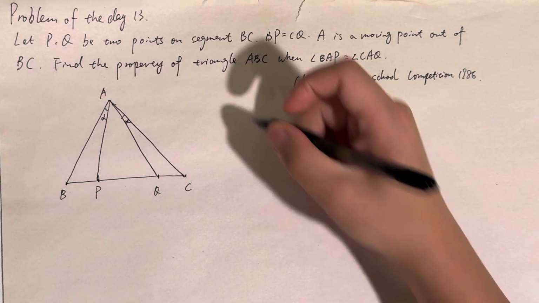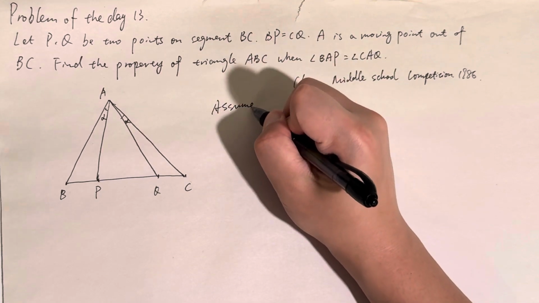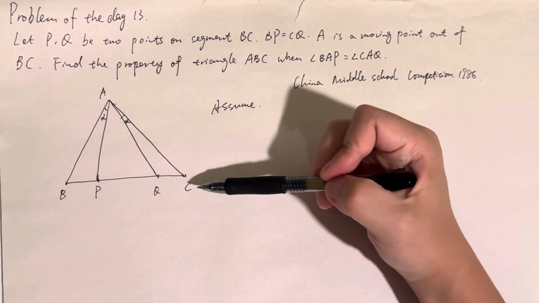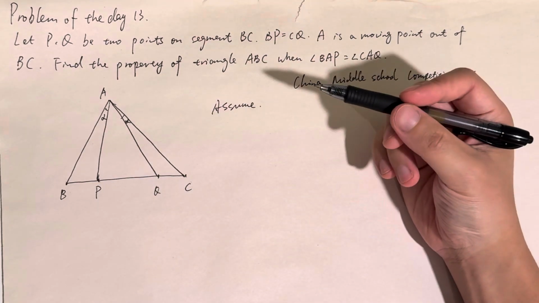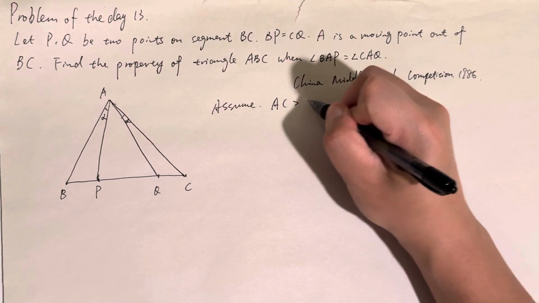So let's just assume that triangle ABC is not an isosceles triangle, which means we can assume that AC is larger than AB.